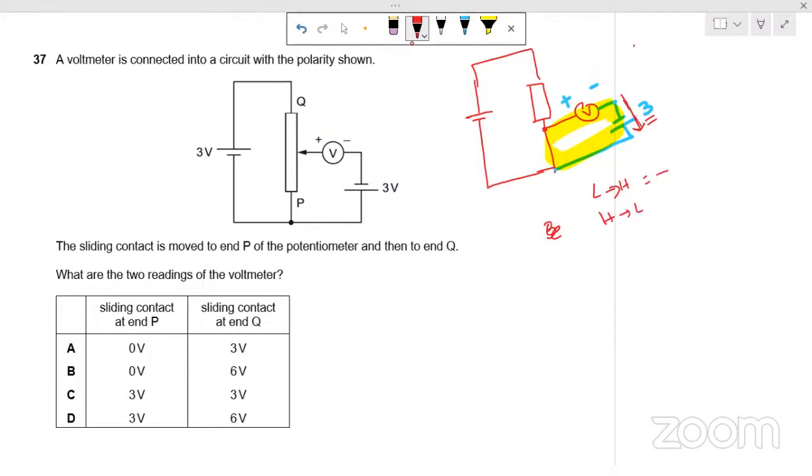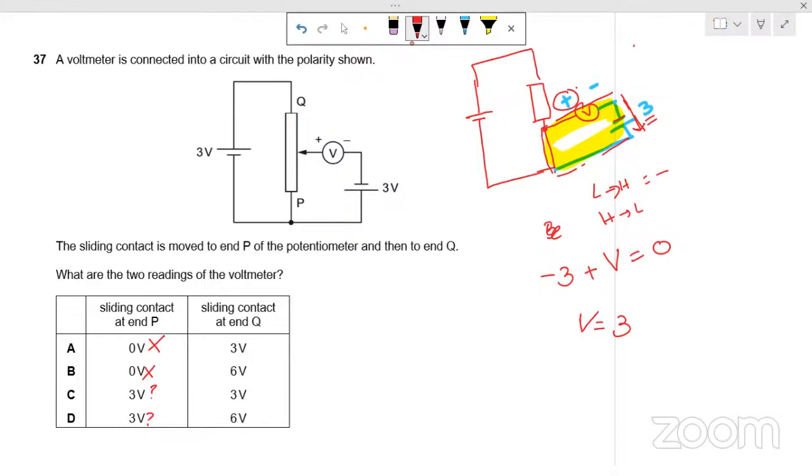I go in this way and I move from low to high, that is -3. Then I move from here to here, that is high to low, which is positive voltage V, equal to 0. That is the direct application of Kirchhoff's second law. So V is equal to 3. Voltmeter reading is 3 in this case.